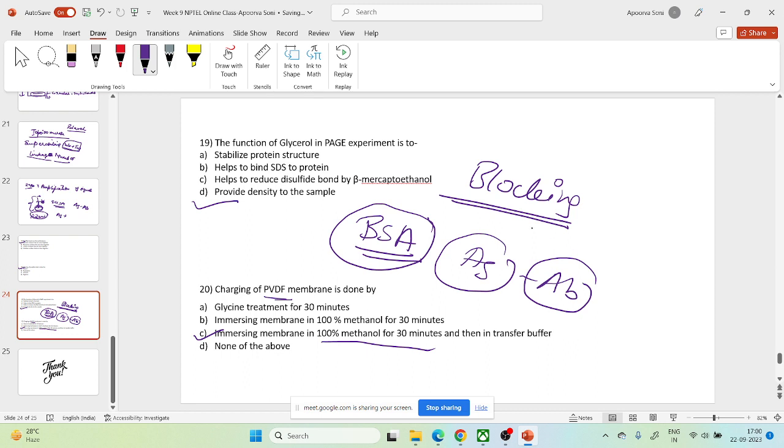So you block all other non-specific interactions, so that only your protein of interest and your specific antibody give your result, and not a non-specific interaction of the antibody with any other molecule present. That is why blocking is very important.